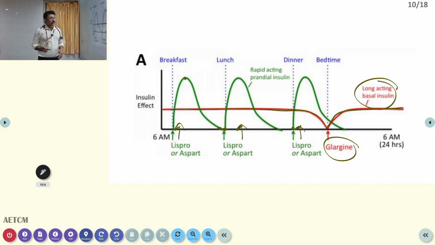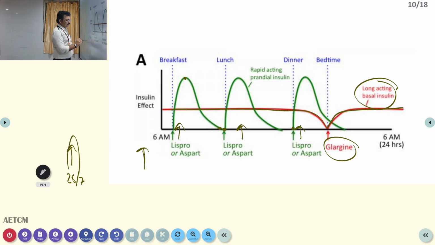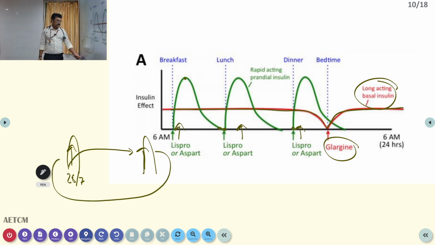If it is like that, in the morning you give one dose and at night you give one dose. That is enough. Morning one dose means sometimes 75 will be there, so that 25% will act very fast. The other 75% acts like this. Then at night you give one where the fast part acts quickly and the long acting insulin acts throughout the night time.